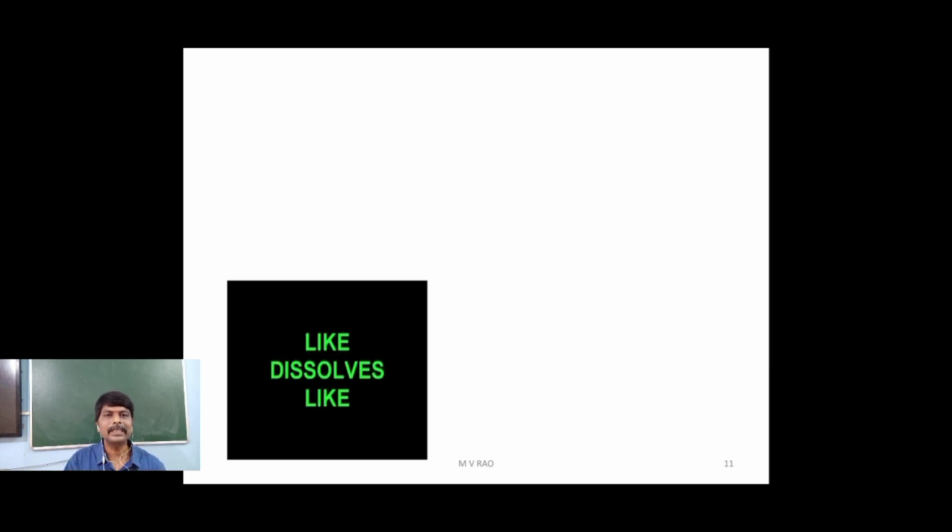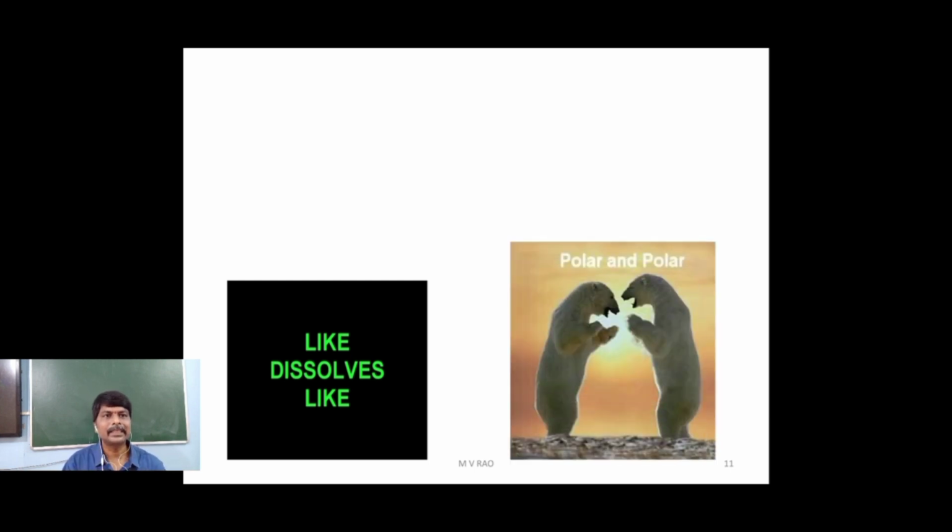This is called like dissolves like. Suppose you see children: generally they are from the same school and the same age group, and they always play with the same age group. A 12th class student always plays with a 12th or 11th class student. He cannot play with 6th class students because of the age group. Like that here, like dissolves like.